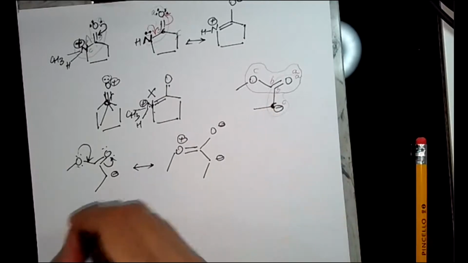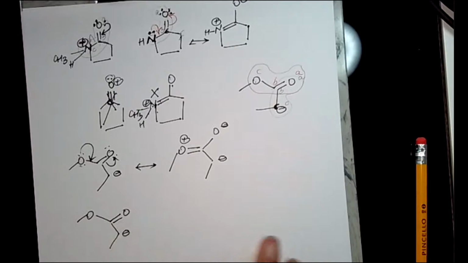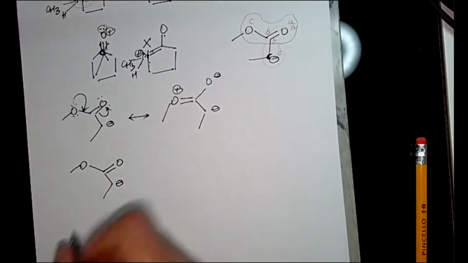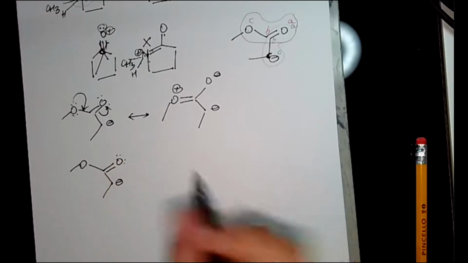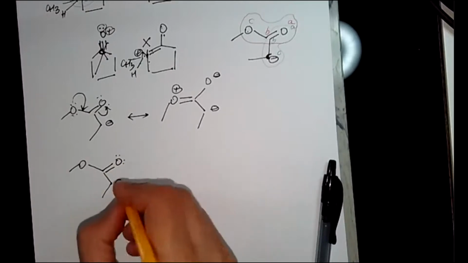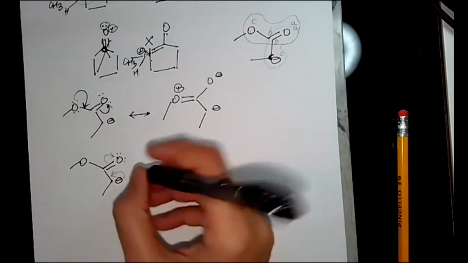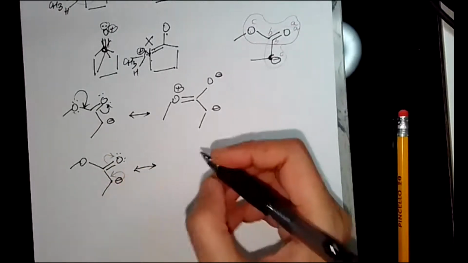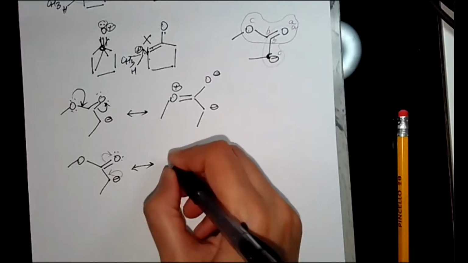Starting from this, again, now my negative charge is a stronger electron donor. This is going to be my second resonance structure.